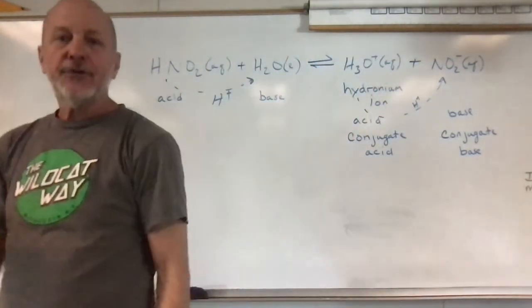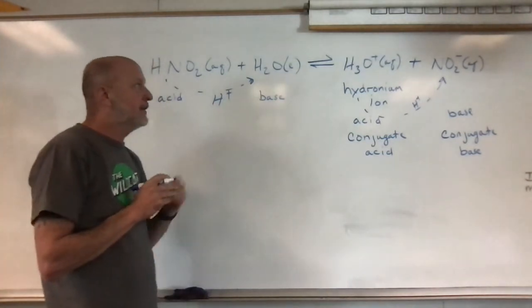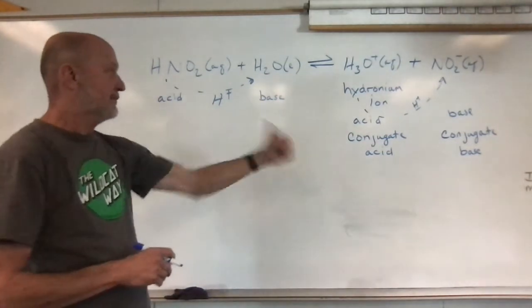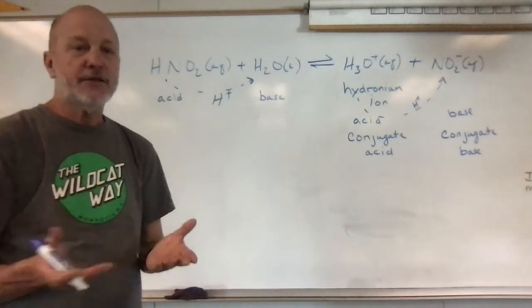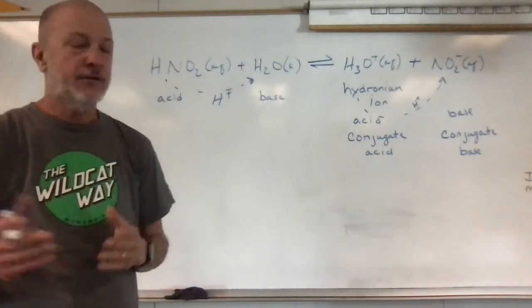So acids donate protons, bases accept a proton in this reaction. And if it's in the reverse, we just say conjugate acid, conjugate base. So most acid-base reactions are equilibrium situations.